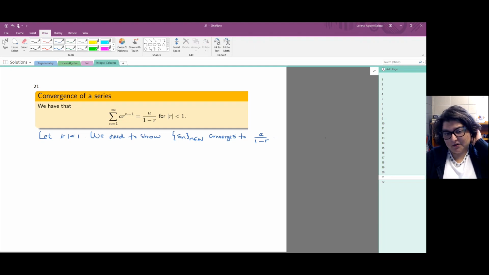By definition, the series converges if the corresponding sequence of partial sums converges, and in the case the sequence of partial sums converges to a limit, that limit is the same as the limit of the series. So we need to show that the sequence of partial sums converges to a over 1 minus r to show that this series is equal to a over 1 minus r, in the case r is less than 1 in absolute value.